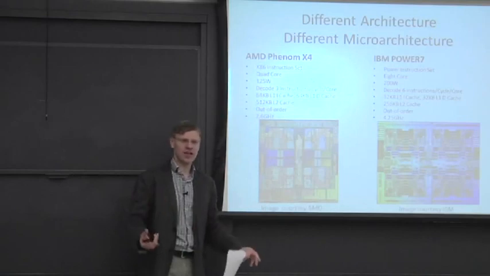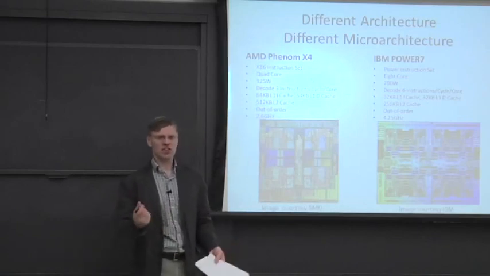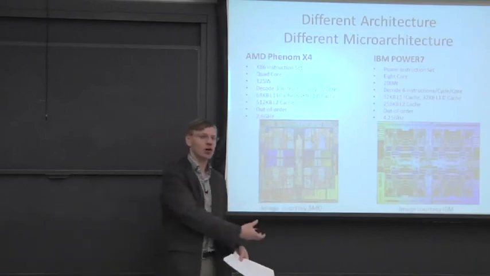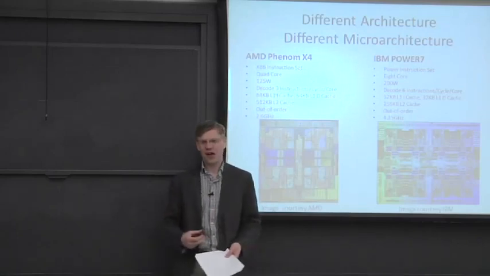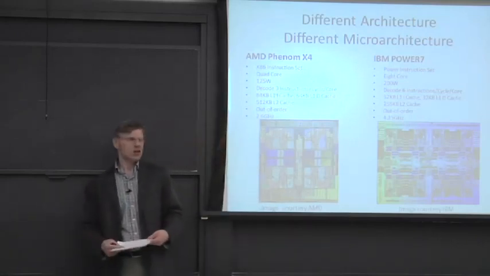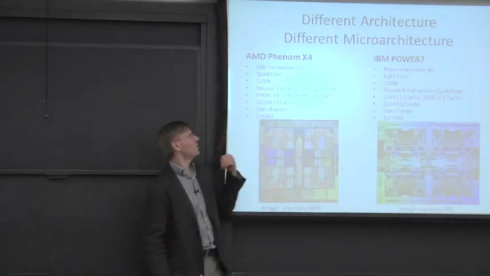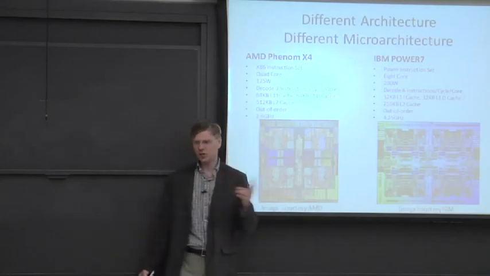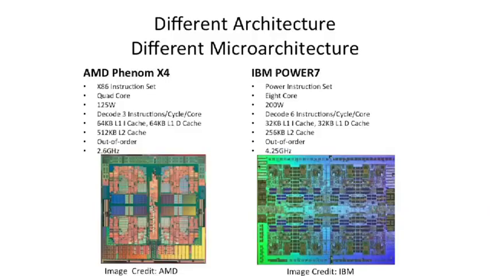You've probably heard all these different names, and these are different instruction set architectures. So you can't run the same software on those different instruction set architectures. Here we have an example of 2 different instruction set architectures with 2 different microarchitectures: the Phenom X4 versus the IBM Power7.